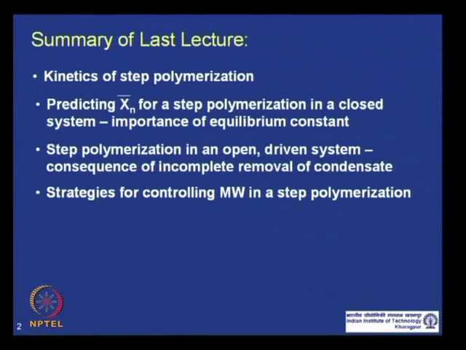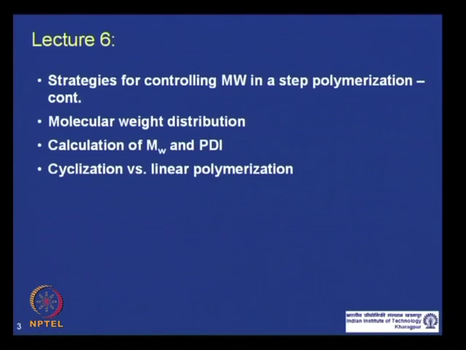Now, what we plan to study in this lecture is a continuation of these strategies, and we quantify the relation, that means how much excess, we used the term slight excess. So, how much excess you should use for your target molecular weight, or how much monofunctional monomer you should add for a target molecular weight.